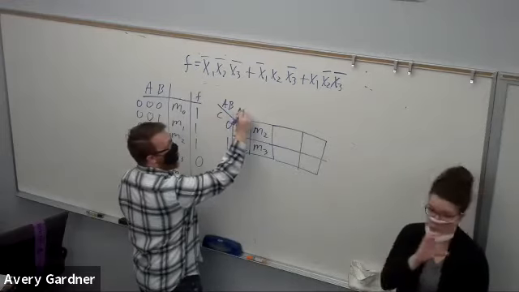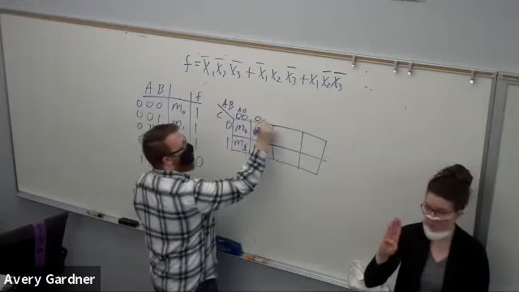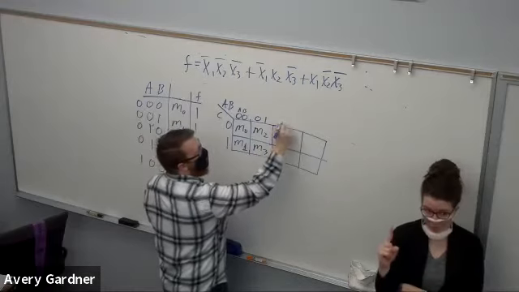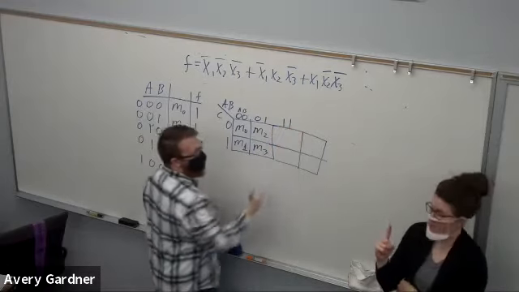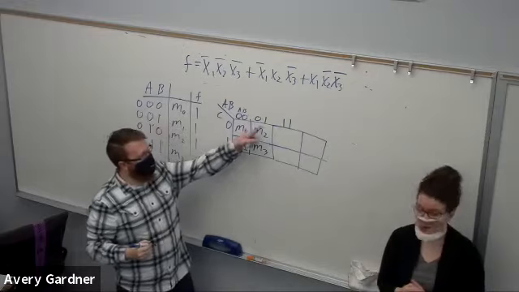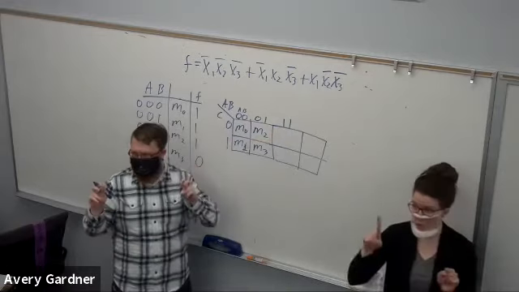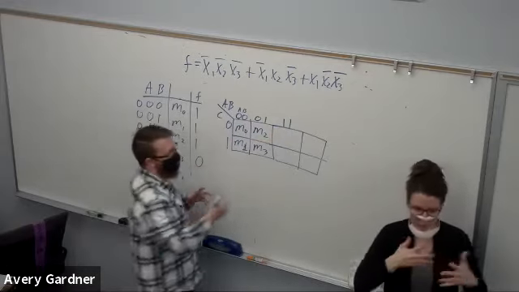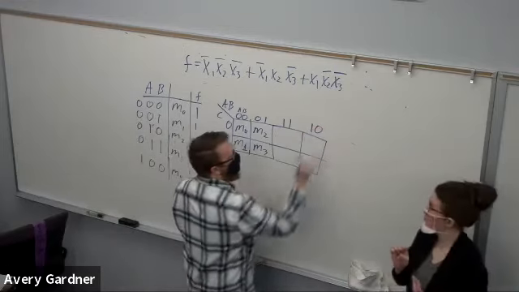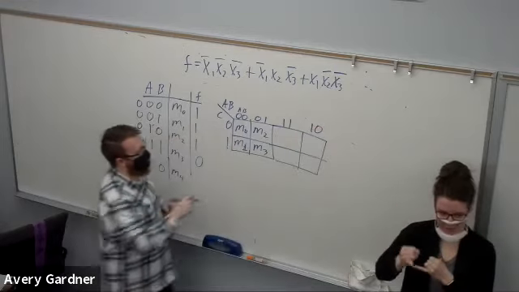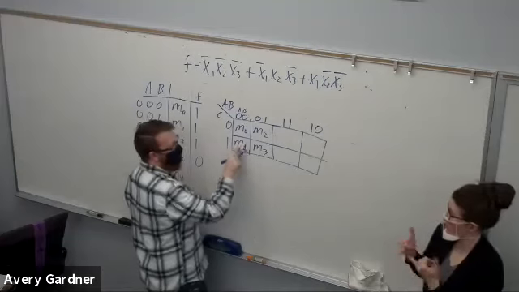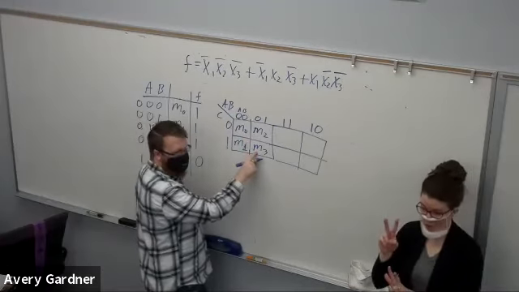So this is A, this is B. Then I have 0, 1, and then 1, 1. So I've gone from 0, 1 to 1, 1. I've skipped a number, but this is just gray code, okay? And then 1, 0 is here. So now it looks like 0, 1, 2, 3, where they originally were.